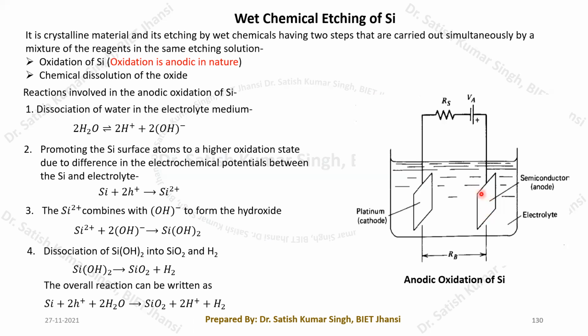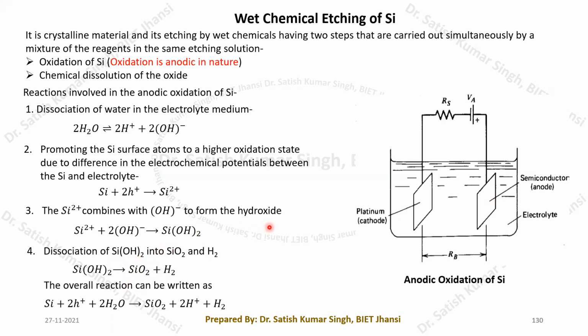So that is a little more complex for an n-type substrate, but for a p-type substrate it is fairly simple: all the holes go straight to the outer surface of the electrode and convert the silicon atoms into silicon ions, then the reaction takes place, and we get the oxidized layer of silicon.